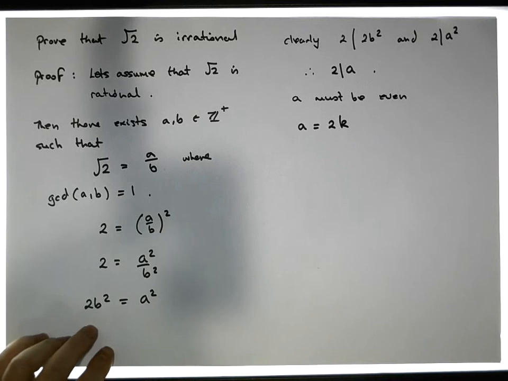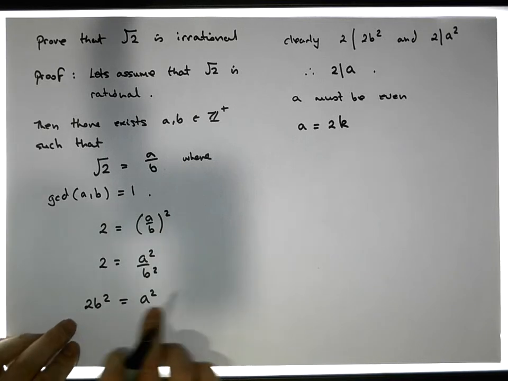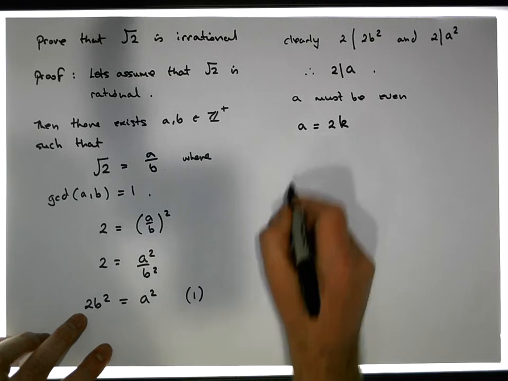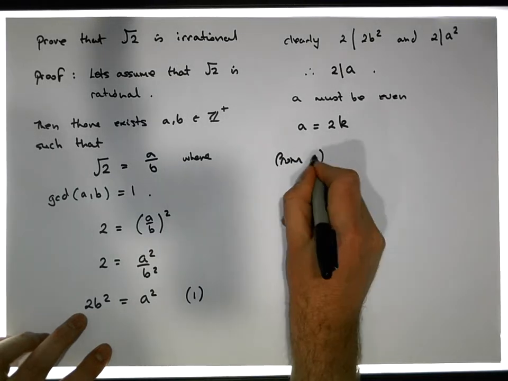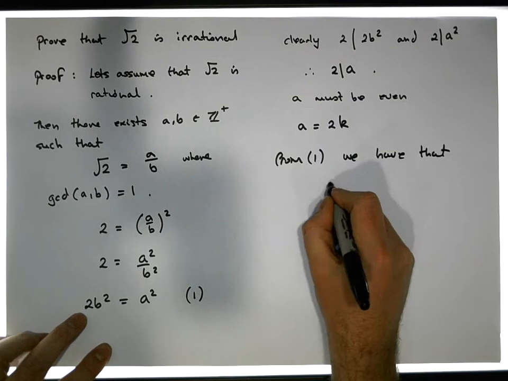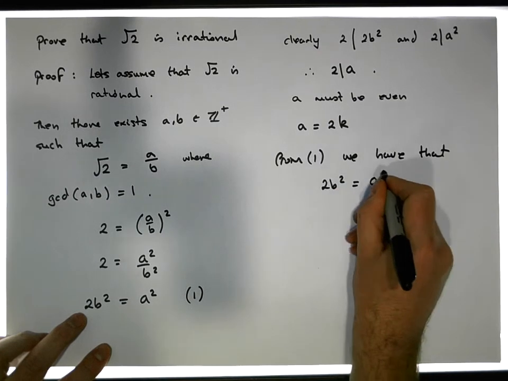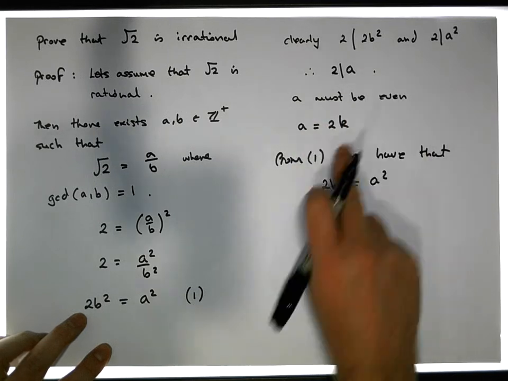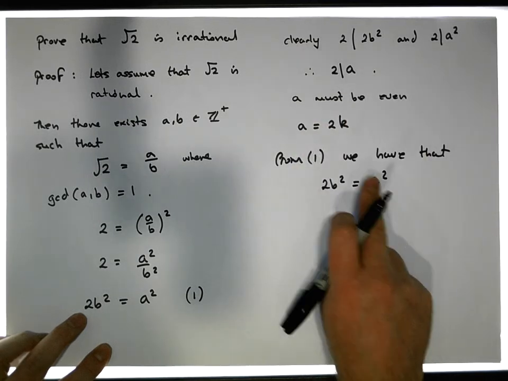So what do we have from this particular fact here? Let's call this equation 1. From 1, we have that 2b squared is equal to a squared, which makes a must be even from this particular logic. So that means a can be written as 2k.